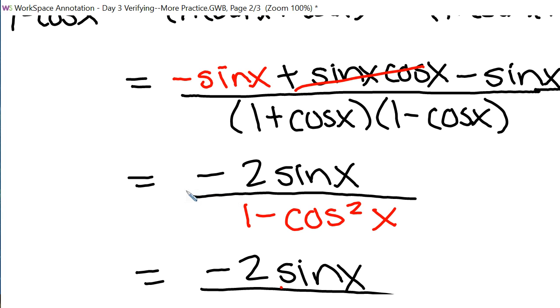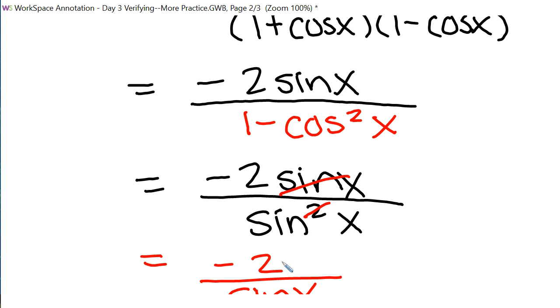Sine of x in the numerator will cancel only one factor in the denominator. So that leaves us with negative 2 over sine of x. And 1 over sine of x is equal to cosecant of x, so negative 2 over sine of x equals negative 2 cosecant of x.